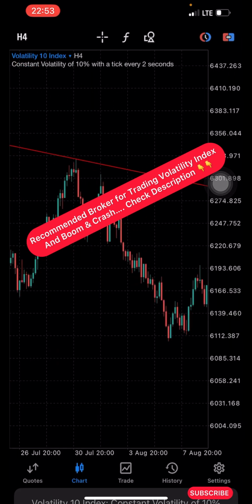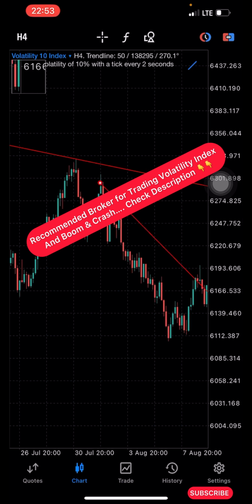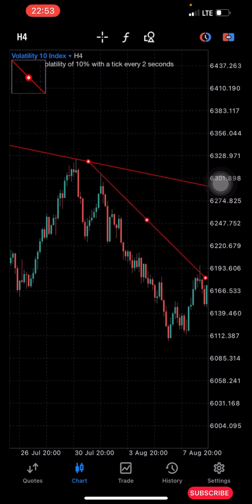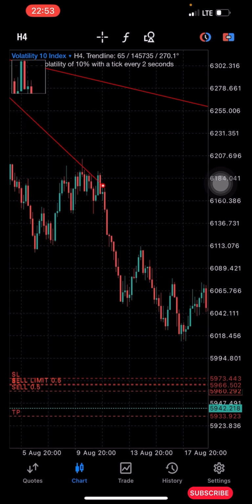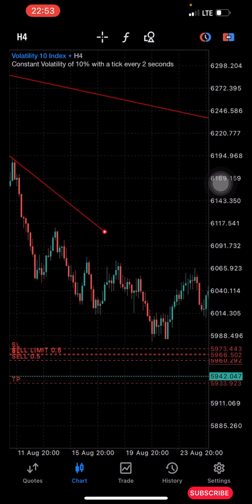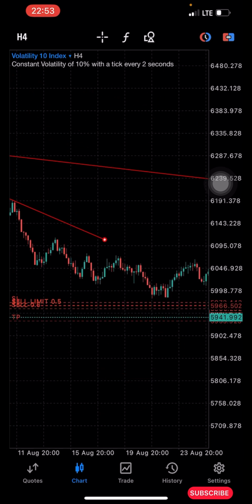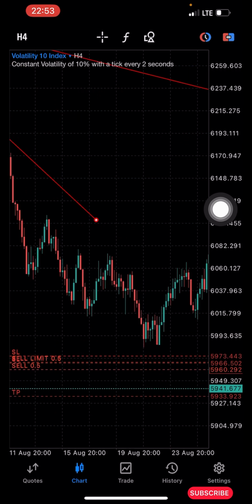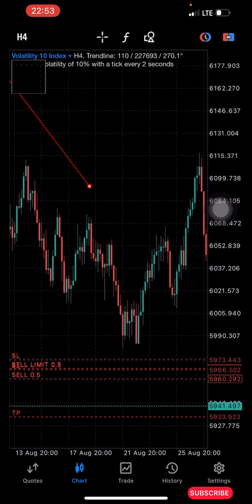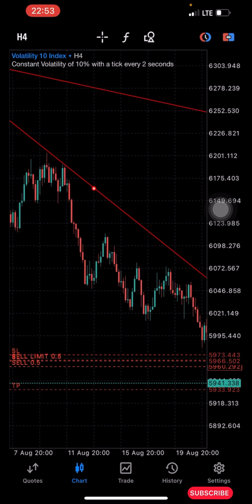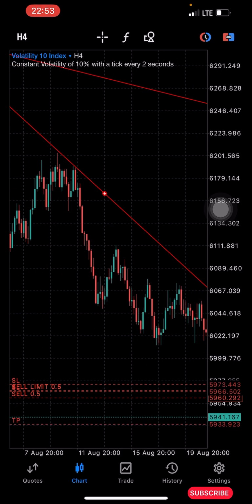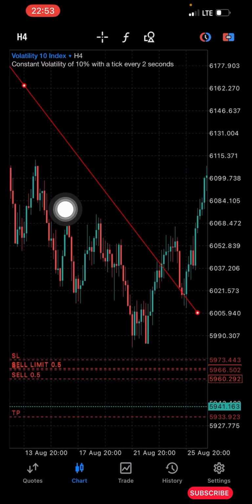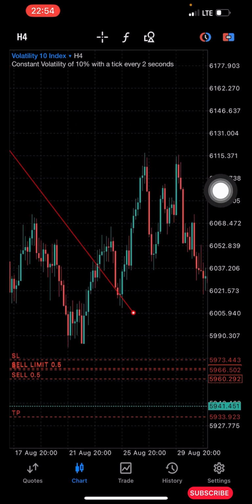I'll be putting another trend line here again in order to spot out the resistance that is making this downward movement. There is a resistance there, it needs to be spotted out. You can see that previously price broke out of this resistance zone here, made a retest, and moved up a little bit.